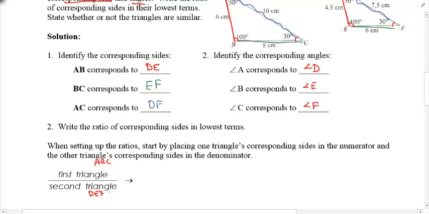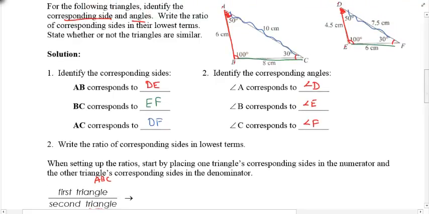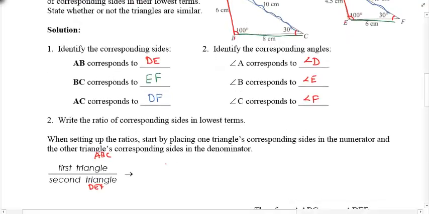So let's compare the lengths of AB to DE. If I were to now compare AB to DE, I get the ratio of 6 to 4.5. If I were to use now BC to EF, comparing those sides, I get 8 over 6.